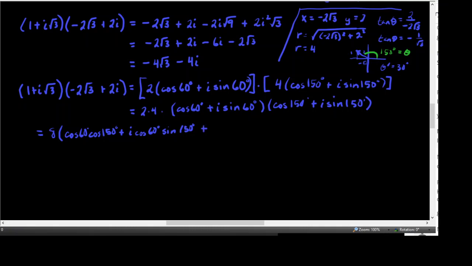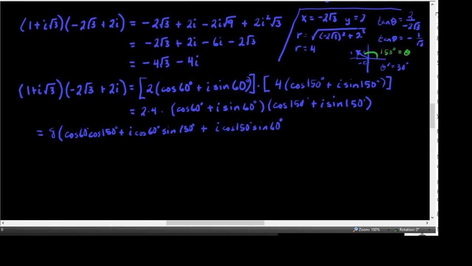Plus, now the inner product, I sine of 60 degrees times cosine of 150 degrees is I cosine of 150 degrees sine of 60 degrees. By the way, I'm just changing the order so that they all look kind of similar. May not end up liking that I did that, but that's what I did.